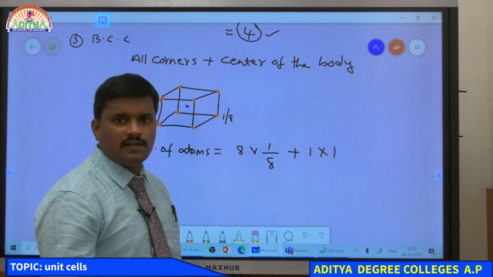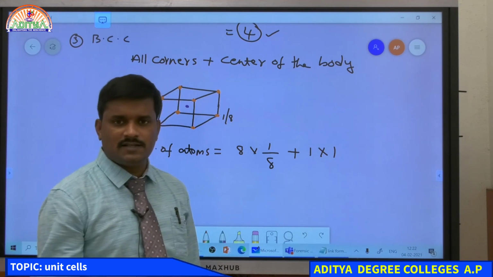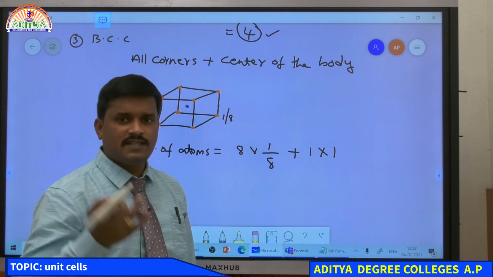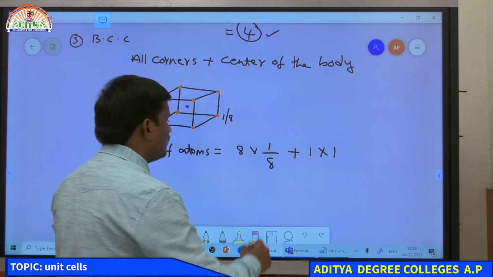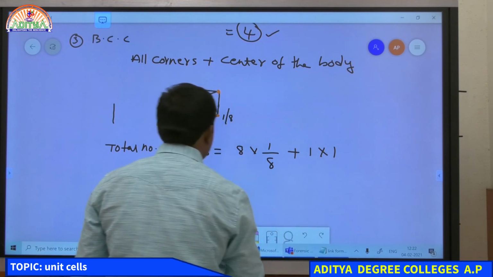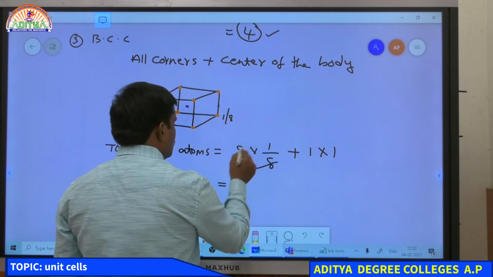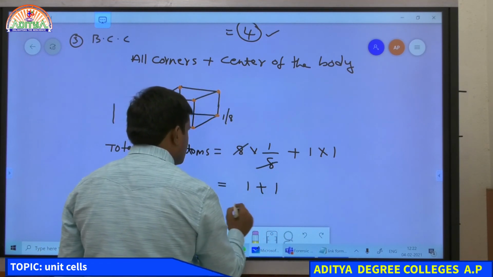Each unit cell has only one center. So, that is the center for only a single unit cell. It is not the center for the next unit cell. Therefore, its contribution is 1. Therefore, totally it is equal to 1 plus 1, that is equal to 2.